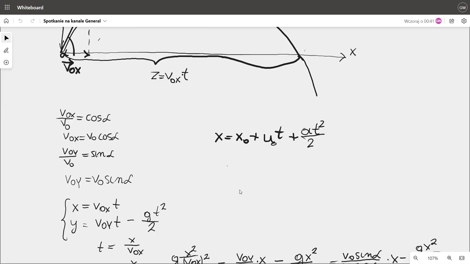We can write equations of motion independently for the direction of axis x and y. To do it, we have to replace the velocity vector v0 by components of this vector in the direction of axis x and y.